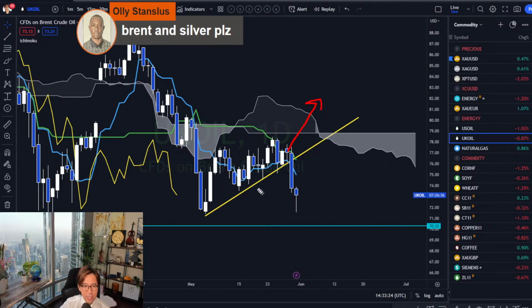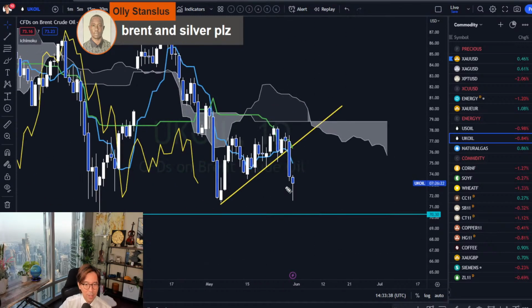But looks like it broke the trend line yesterday, and now it's going down. And it's going down to the support 70.30, and if it breaks, then the market will be continuously bearish.